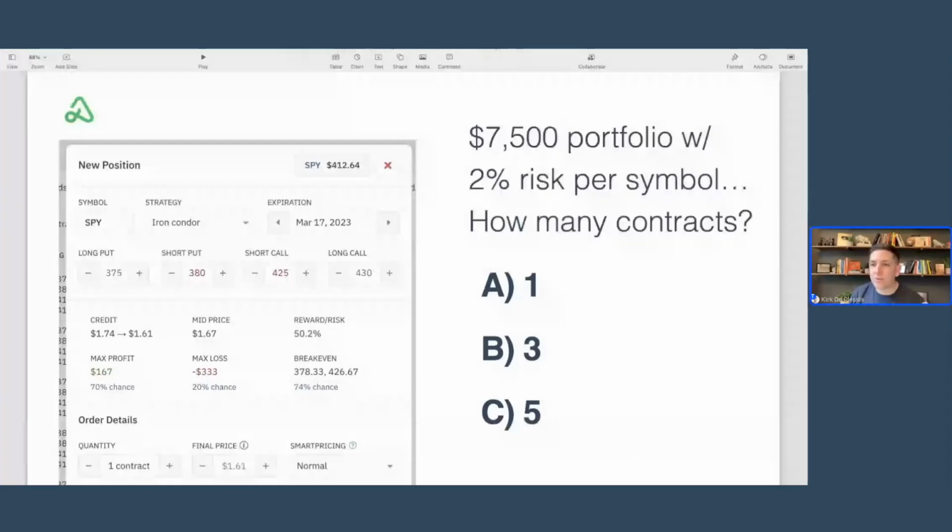That position we were looking at has how much risk? $333. And your rules are, I will not allocate more than 2%, just as an example. Then that means that you cannot get into this trade because 333 is greater than your $150. So either A, find a different trade, or B, reduce the wings of the position.